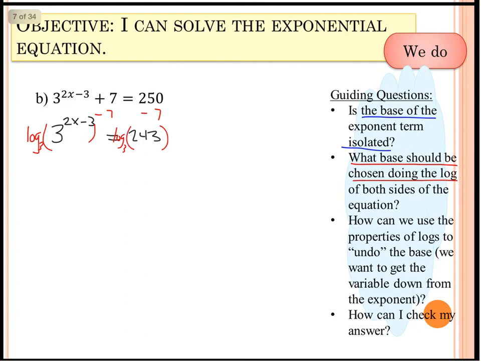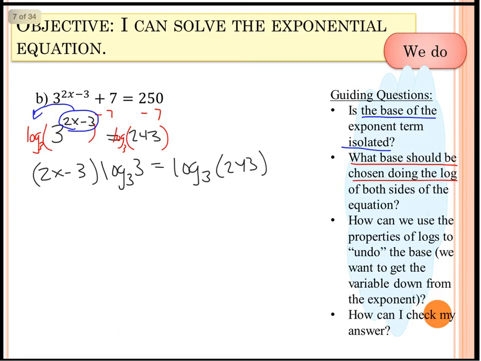I'm going to rewrite this using the power property that we learned earlier, which says that we can put the exponent in front of the log. So I've got 2x minus 3. I'm going to put parentheses around it because that whole thing is multiplying my log. Log base 3 on 3 equals log base 3 on 243.